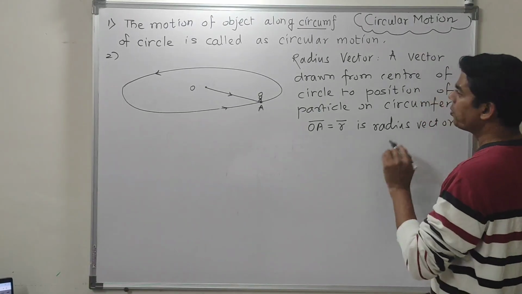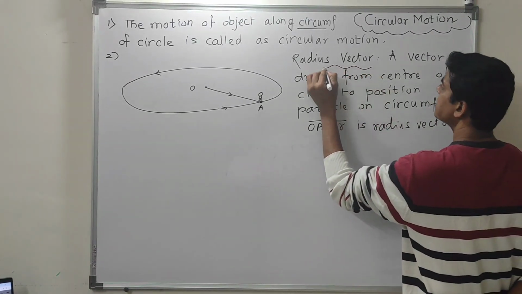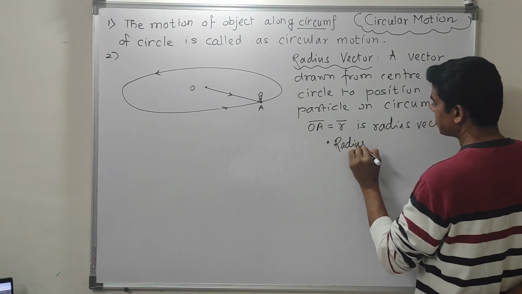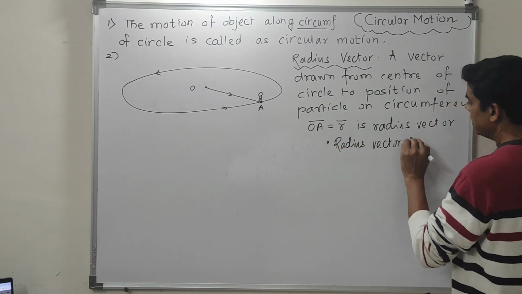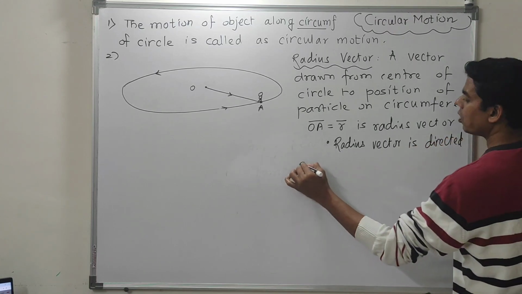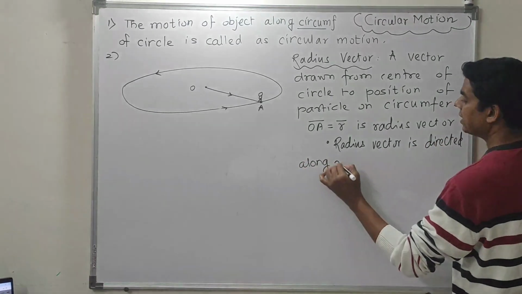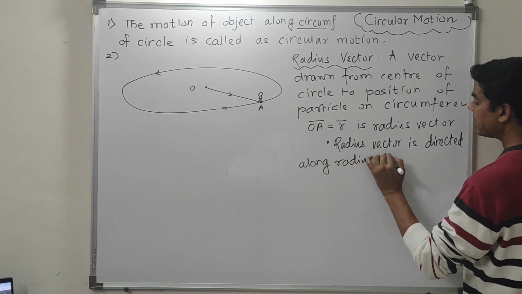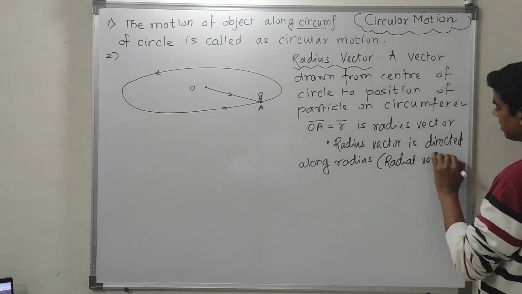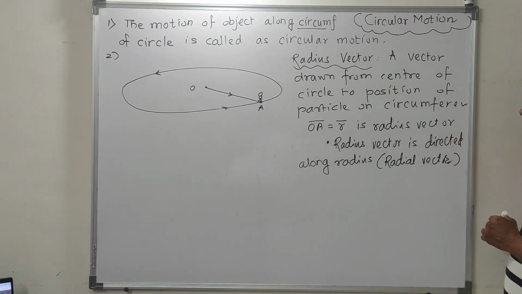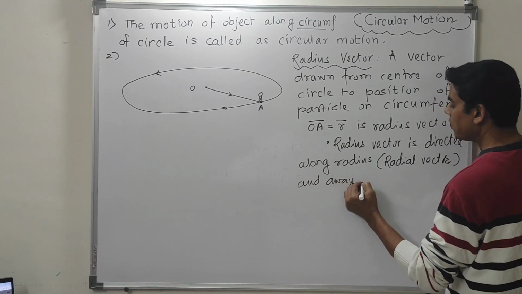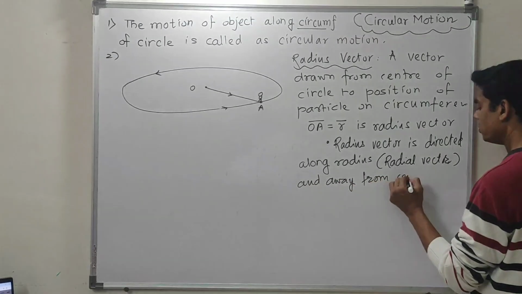Now, the important property of the radius vector you have to memorize is that, as it is a vector, it has direction, and it is directed along the radius. As it is directed along the radius, we call the radius vector a radial vector. It is directed along the radius and away from the center of the circle.